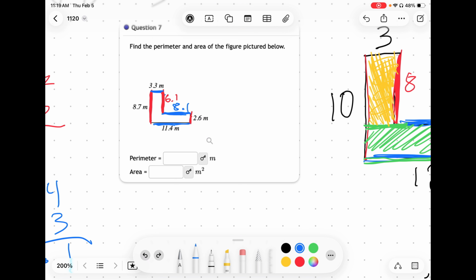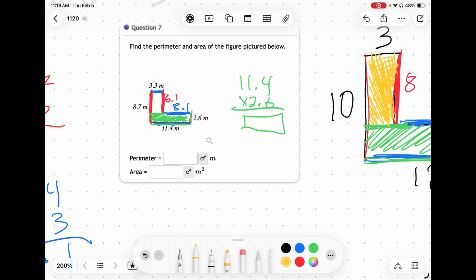And now to find the area, I still needed to find some of those smaller numbers. I'm going to chop up my shape into two perfect rectangles. I first want to find the area of this rectangle down here in green. What is the base of that rectangle? 11.4 times the height of 2.6. And you're going to do that and get some answer.